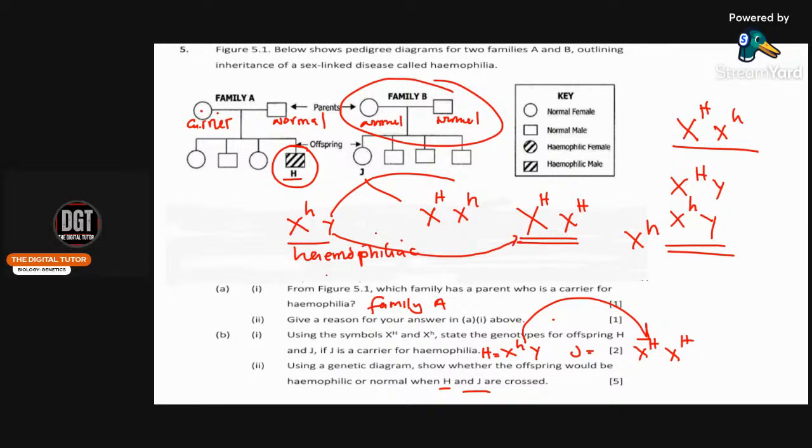So let us cross them. In writing the genetic diagram, we start with the parents: parent H and parent J. What are their genotypes?